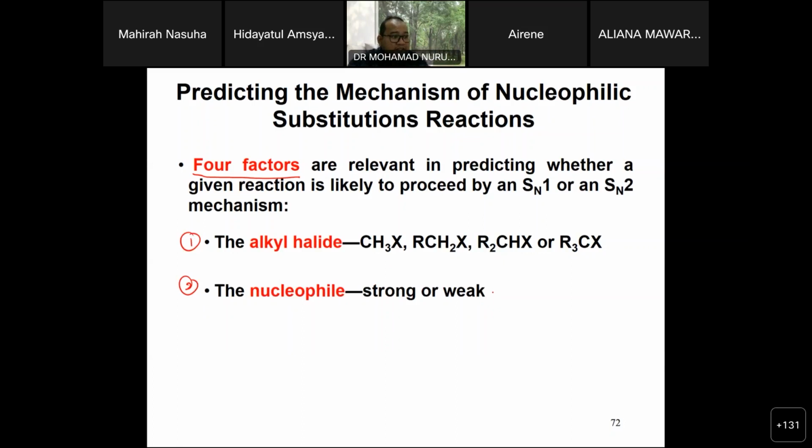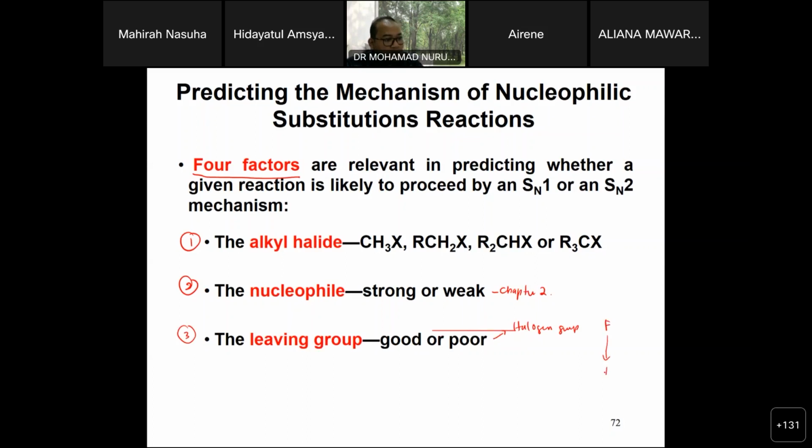This is chapter 2. And of course, chapter 7 covers leaving groups. Whether a leaving group is good or poor depends on size. Usually the leaving group refers to the halogens, group 17, starting with fluorine and finishing with iodine.